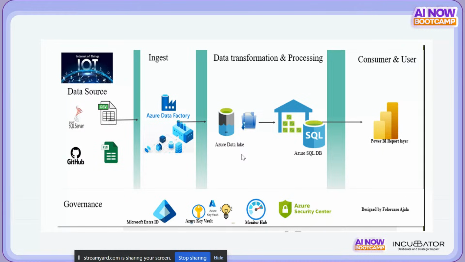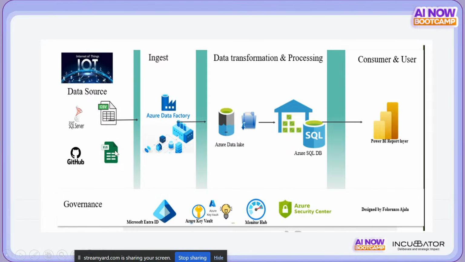When you start working as a data engineer, you will see that you have different data sources, right? You have data coming from different locations, like your SQL server, your CSV, your GitHub, your Excel. So how do you move the data into the cloud environment?